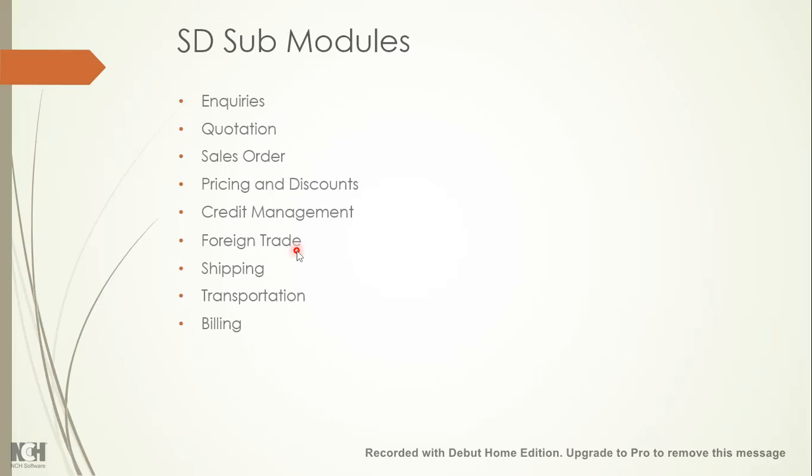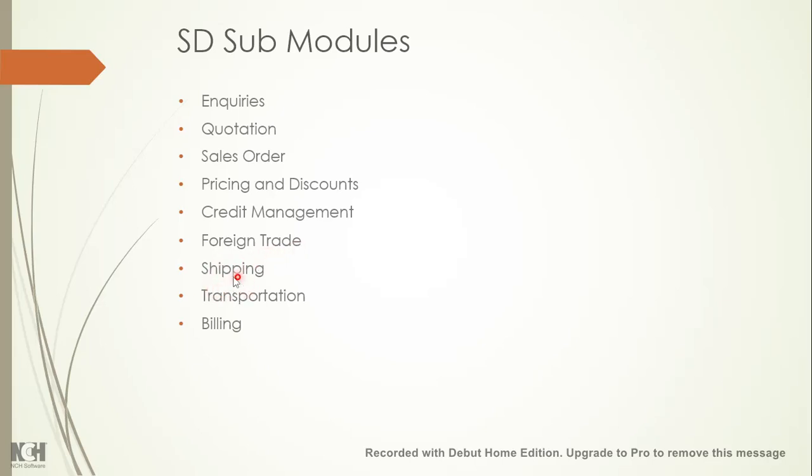For example, if you are doing foreign trade with North Korea or China or some other country where the United States has put certain sanctions, foreign trade helps you build in those controls, so you don't attract penalties when trading with companies in those countries where sanctions are applicable.